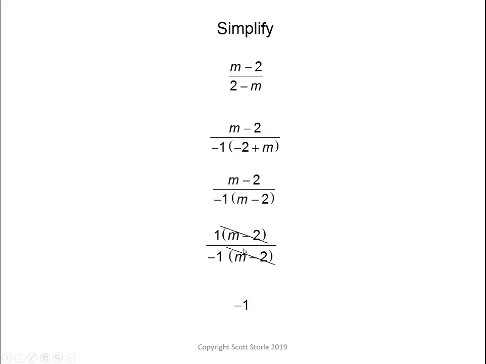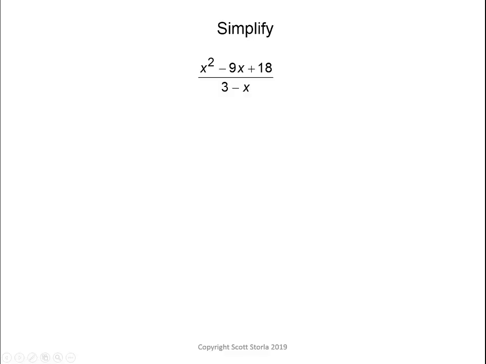And I have a rationale here in these steps if you'd like to go through it. On the other hand, most people just memorize the fact that if you have, for instance, m minus 2 divided by 2 minus m, that simply reduces to -1.